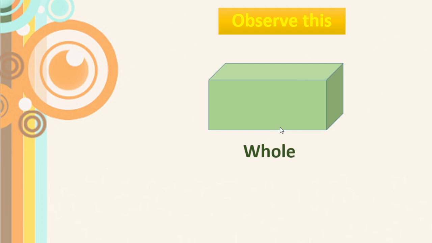Okay, now observe this. Now this is a box, a rectangular box. Isn't it? We will cut this box in 2 parts, exactly in the middle. This is called a whole, one piece. Now we will try to cut this in the middle. See here, I have made this into 2 pieces.